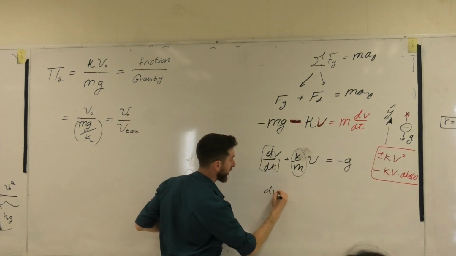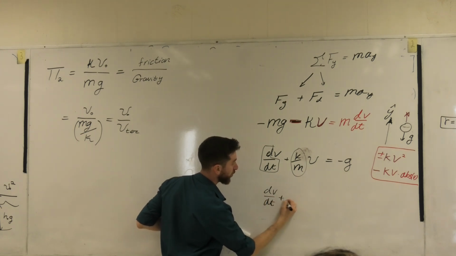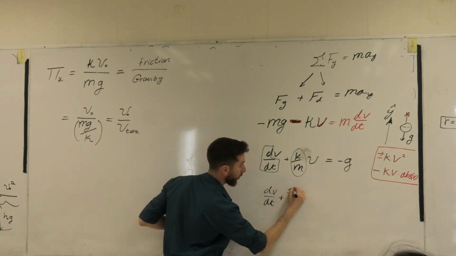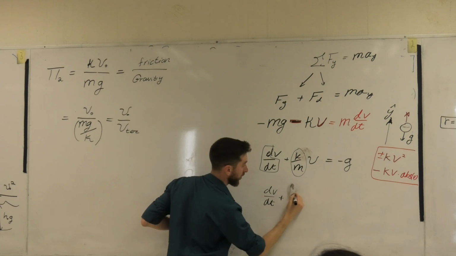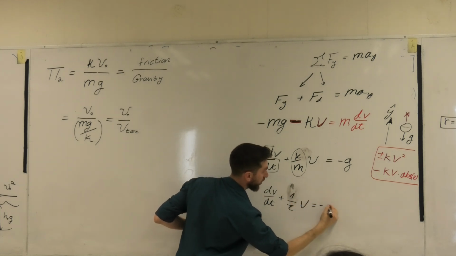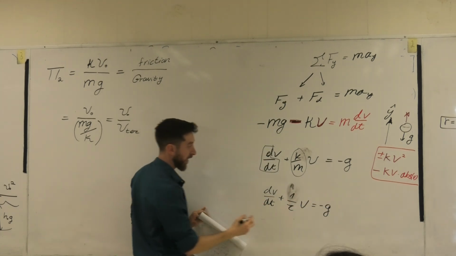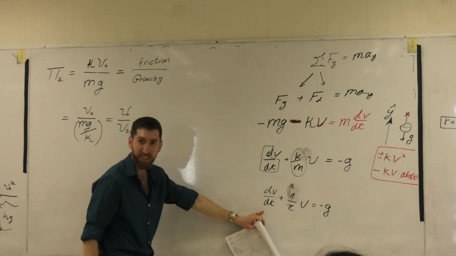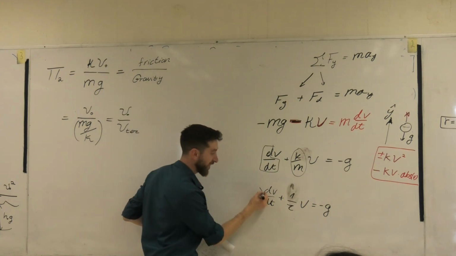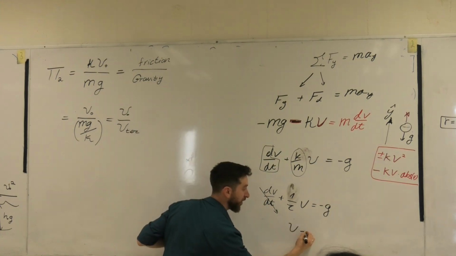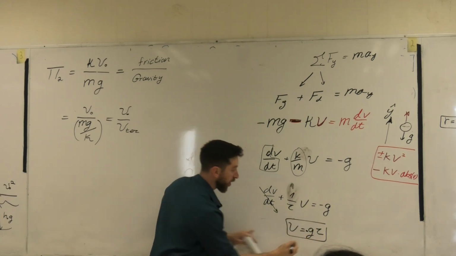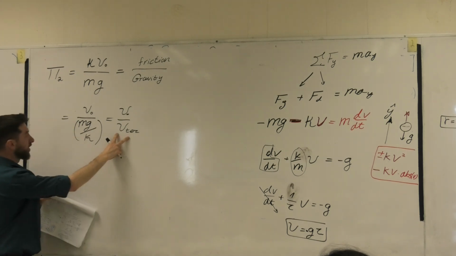So this is actually dv/dt plus (1/tau) v equals minus g, right? And if we solve it to the steady state solution, what's going to be the velocity in the end? We're going to see that v equals minus g tau, which is exactly this one.